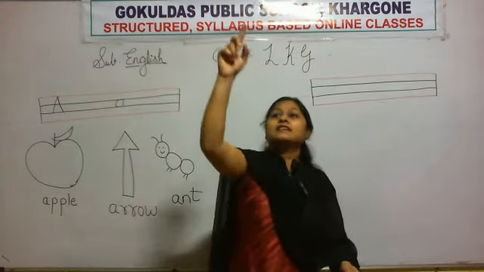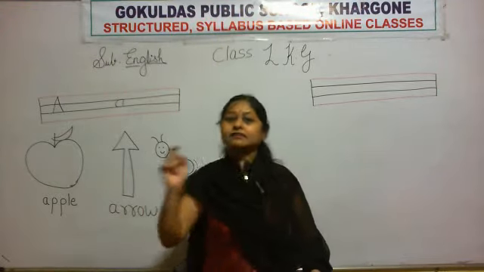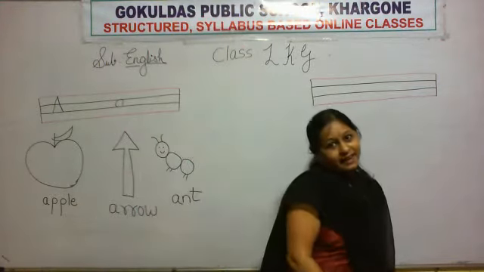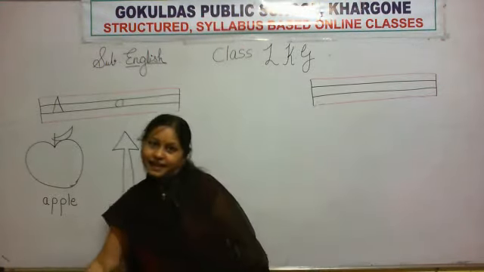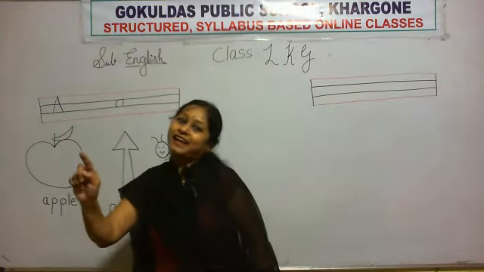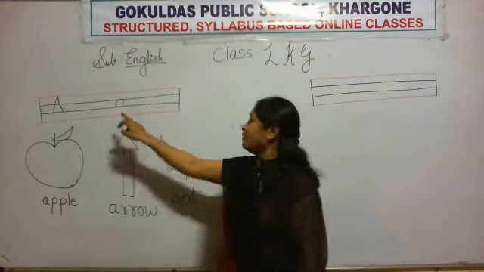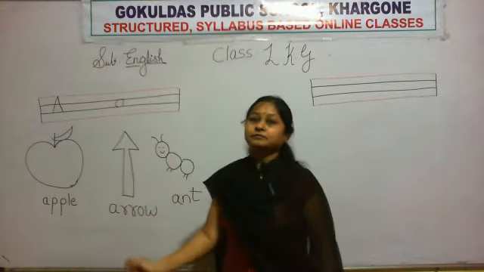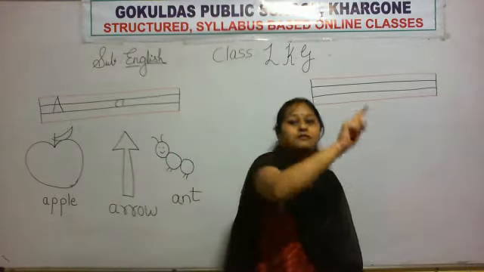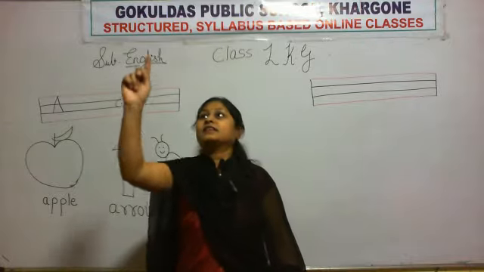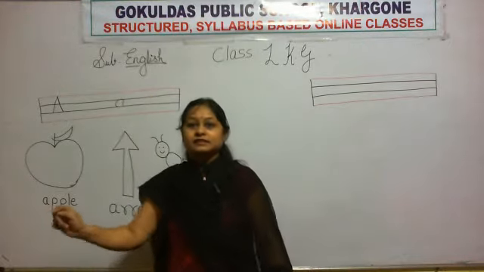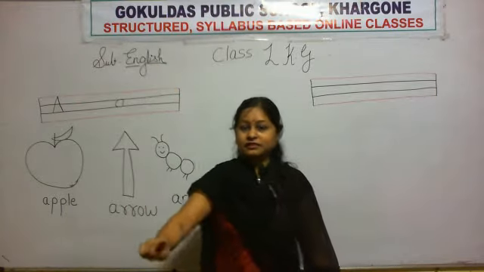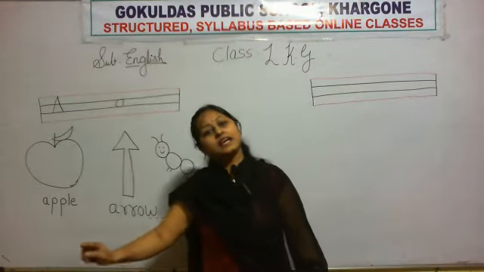Slanting line, sleeping line. Okay. Now small a. How you will make a in air? Half curve, then standing line.